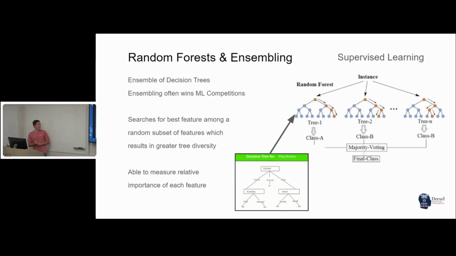If you have one single decision tree that doesn't do super well, and you combine it with hundreds of other decision trees that also don't do super well, it'll increase your performance by at least a few percent, because you're training models from different perspectives in a way that increases your overall performance. And one cool thing about random forest is that there's a relative feature importance you can get that's unique to this model.